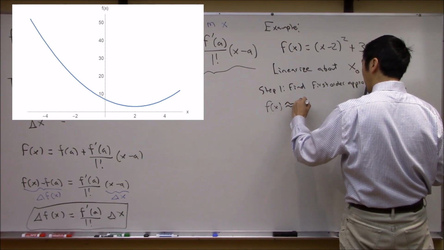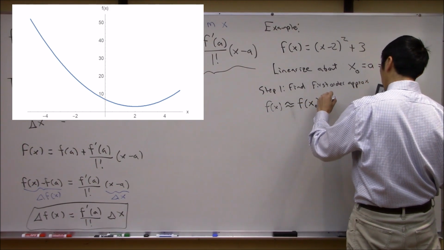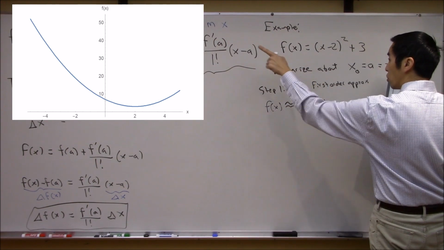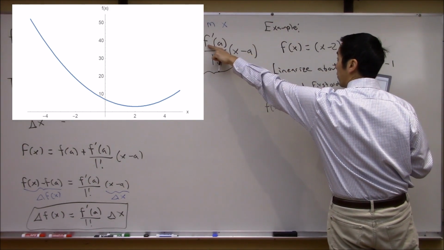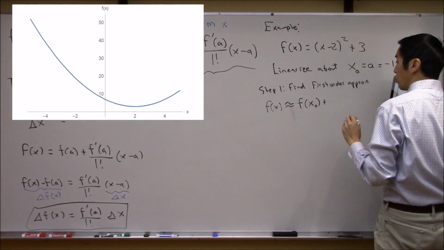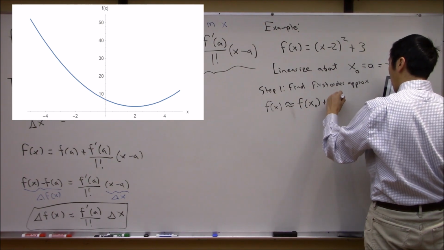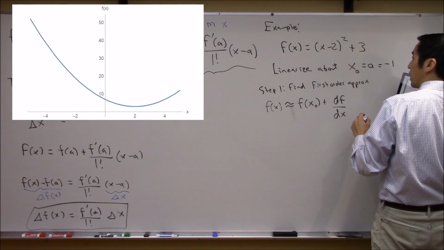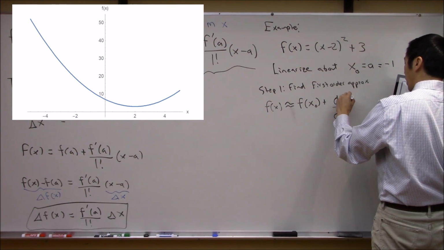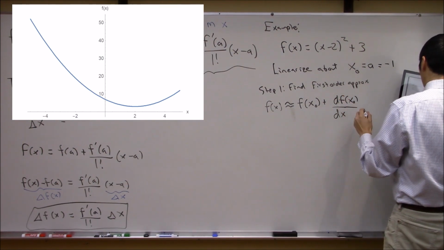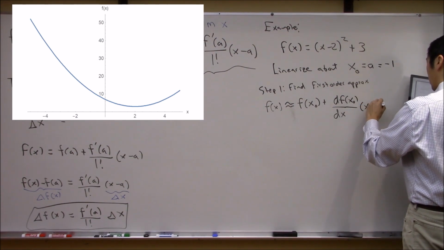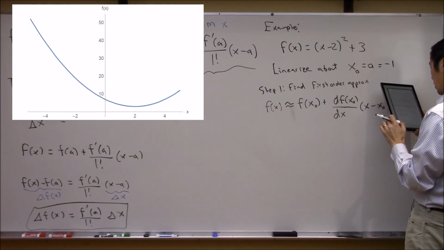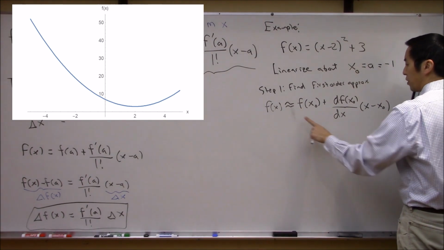It's just the function at the expansion point plus the derivative, or the partial, right? So I'm going to take the derivative of this with respect to x, right? So it's df dx at the expansion point x naught, right? This times x minus x naught, right? That's the first order approximation.